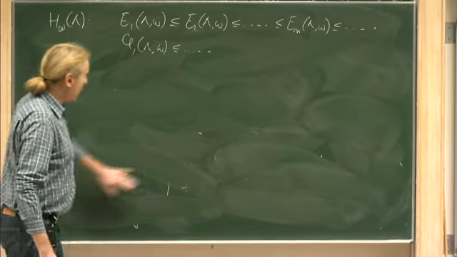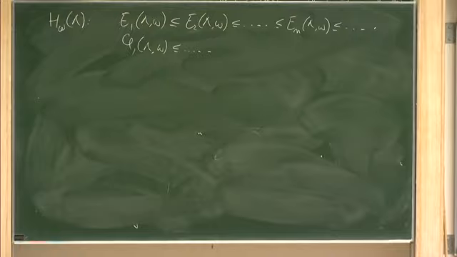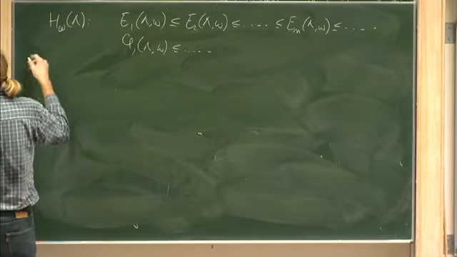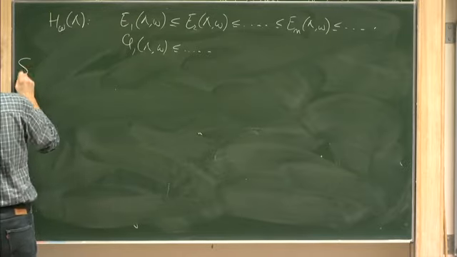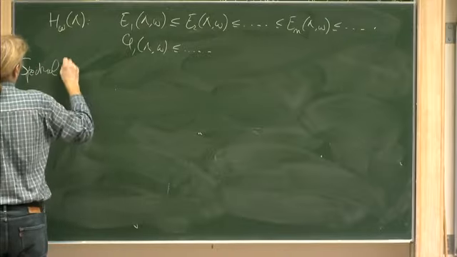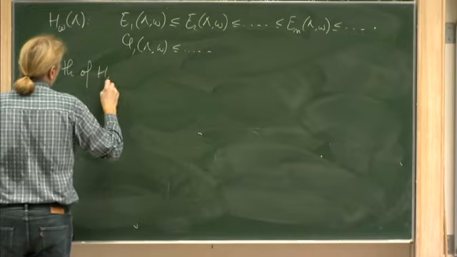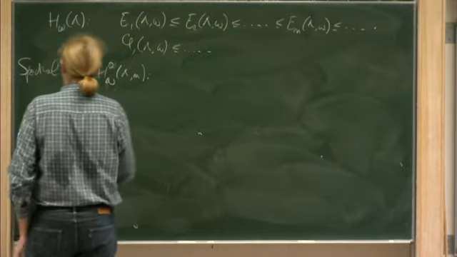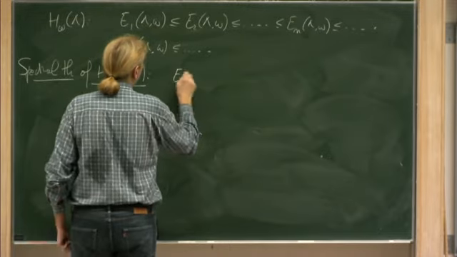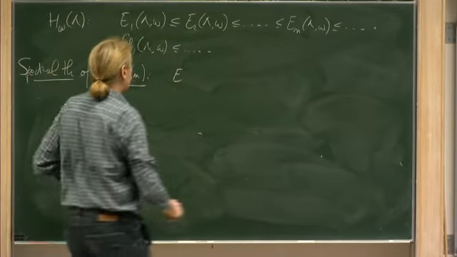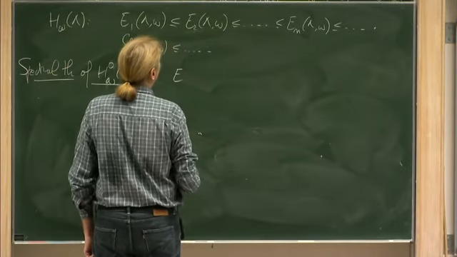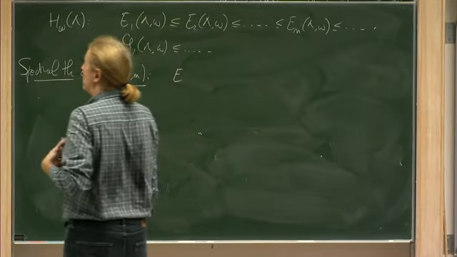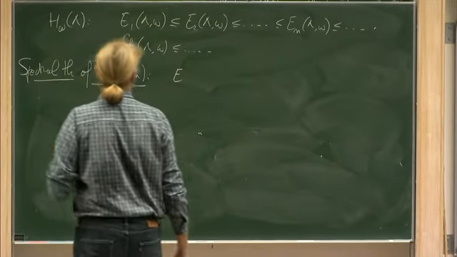So from this spectrum, you can construct the spectrum of H_0 omega n. What is it given by? Spectral theory of H_0 lambda n: it's simply given as follows. The eigenvalues will be indexed by n-tuples.